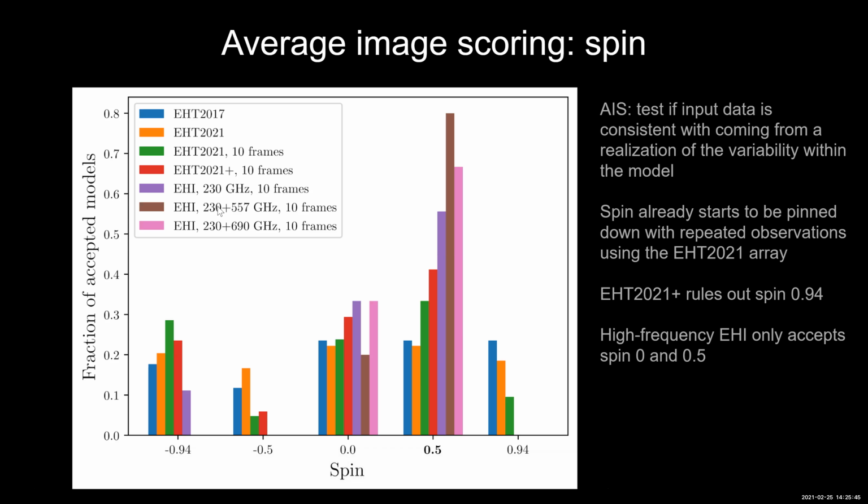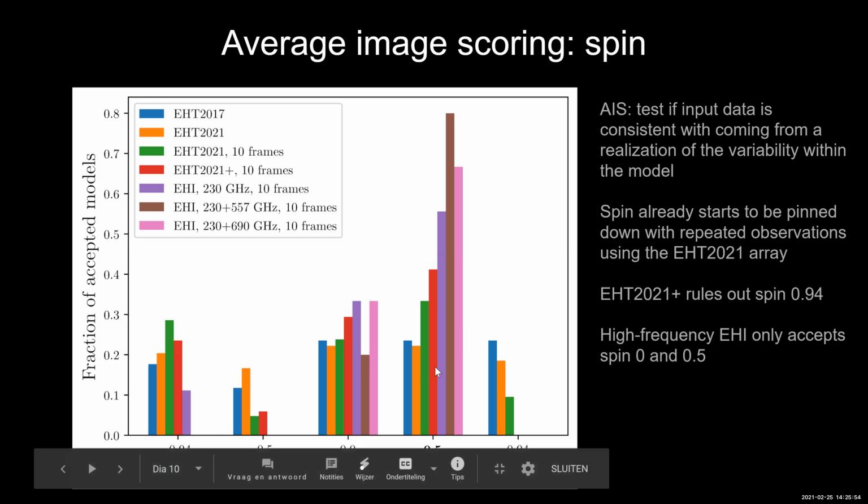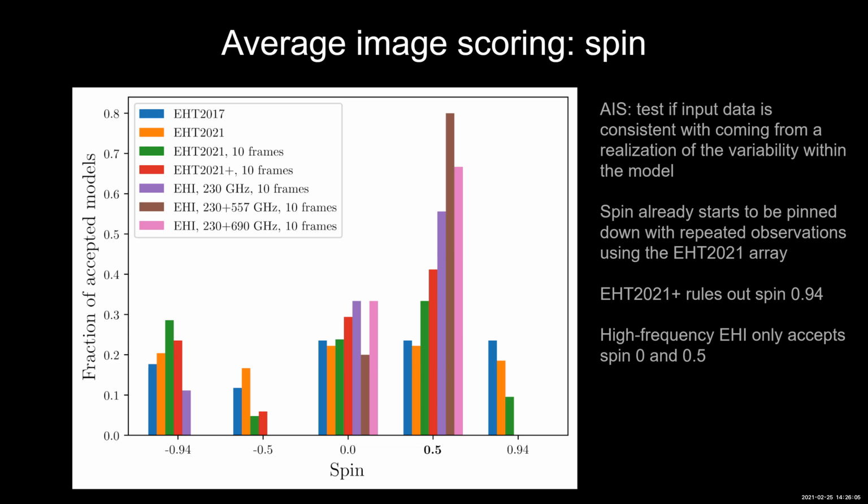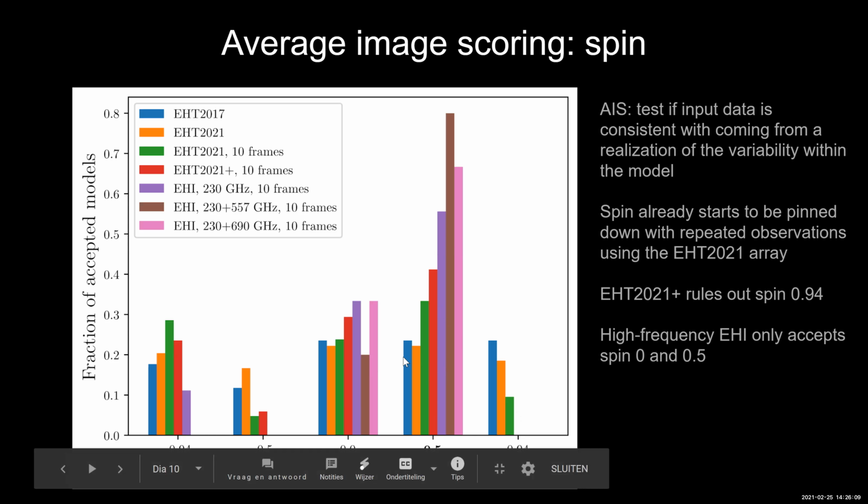And when you look at, for example, the red bars, which is an extension of the EHT 2021 with 6 stations, you can see that we already favor the true input spin of 0.5, and, for example, this spin of 0.94 is ruled out, at least within this library. And then we get a large improvement when we go to space. And we see that only spin 0 and 0.5 models are accepted.